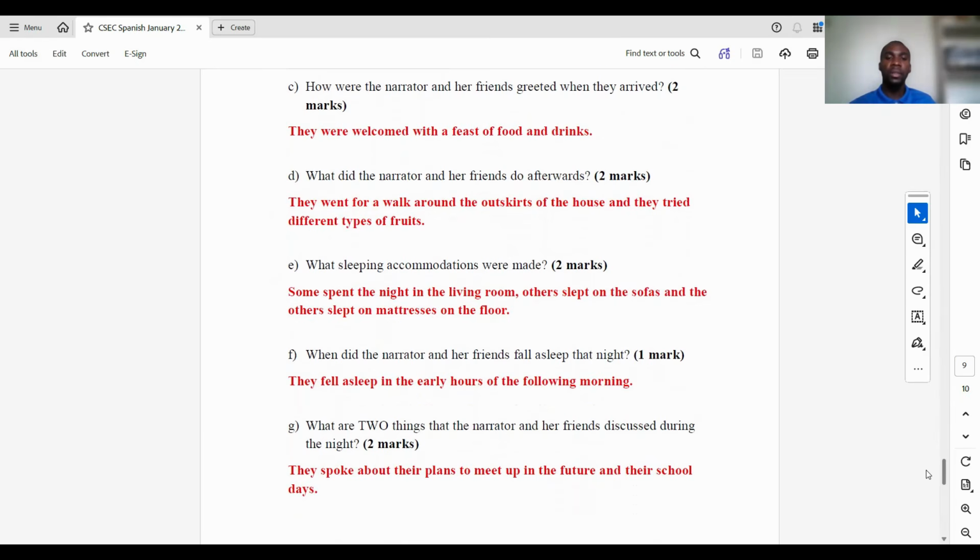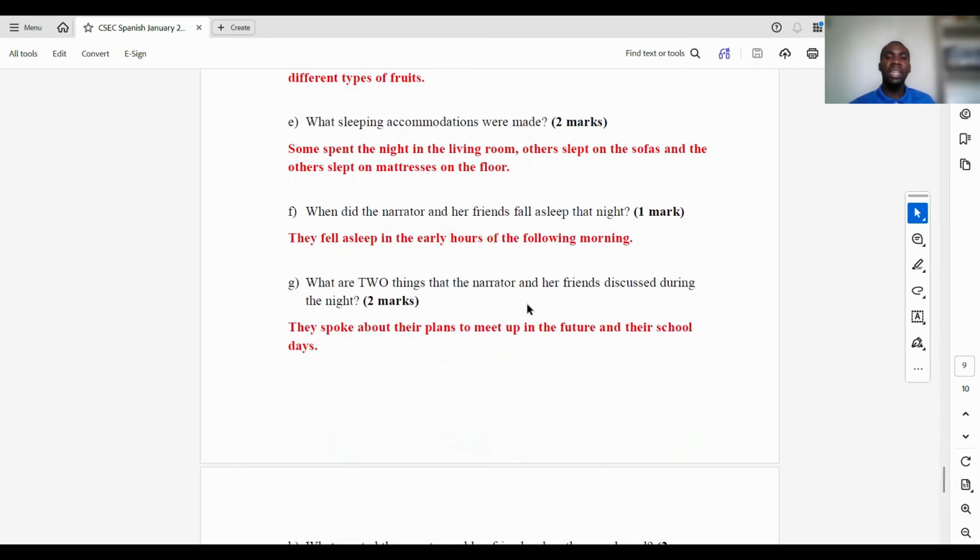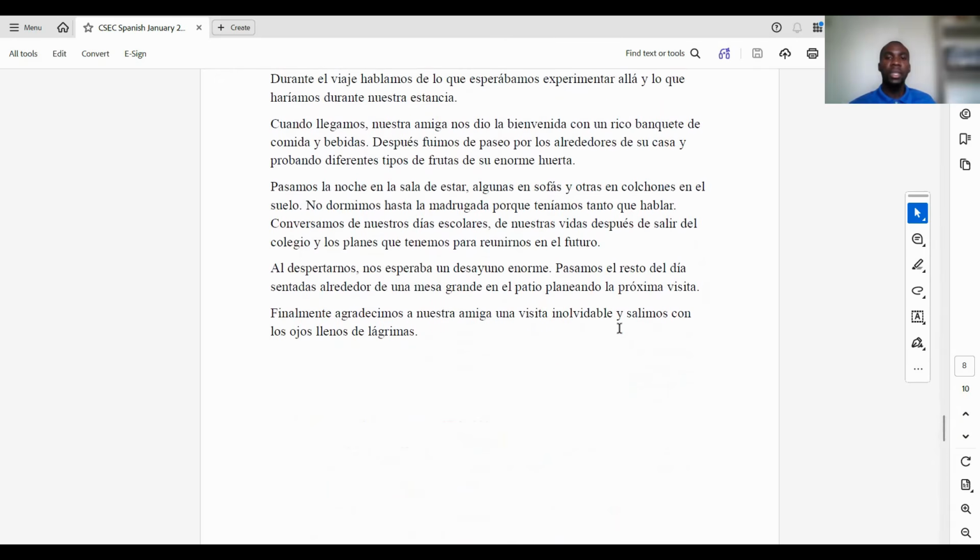Which is early morning. All right, G, what are two things that the narrator and her friends discussed during the night? It said two things, so we only need two. Conversamos de nuestros días escolares, so that's one option. They spoke about their school days, de nuestras vidas después de salir del colegio, our lives after leaving secondary school, y los planes que tenemos para reunirnos en el futuro, and plans to meet up in the future.